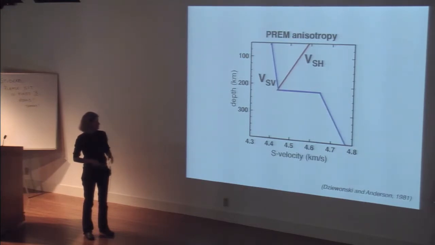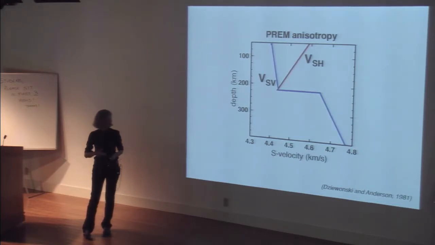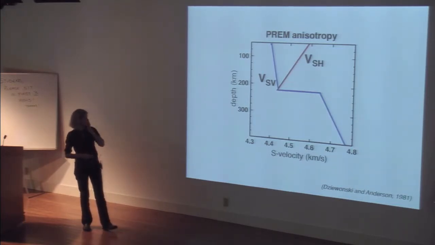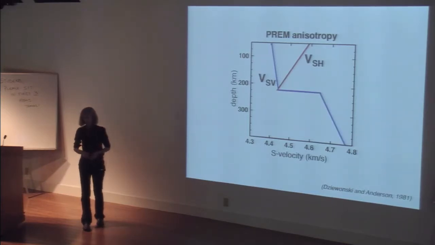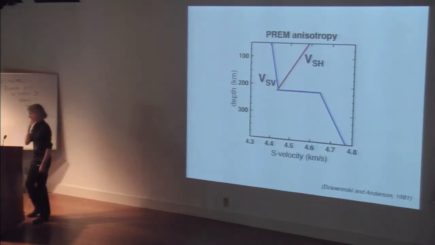In the upper mantle, shear waves that propagate with one polarization propagate at a different speed than shear waves with another polarization. So this is what PREM looks like. We already discussed the 220, but you can get rid of that. You still need the anisotropy. And shear waves with a horizontal polarization propagate faster typically than shear waves with a vertical polarization. Not always, but typically.